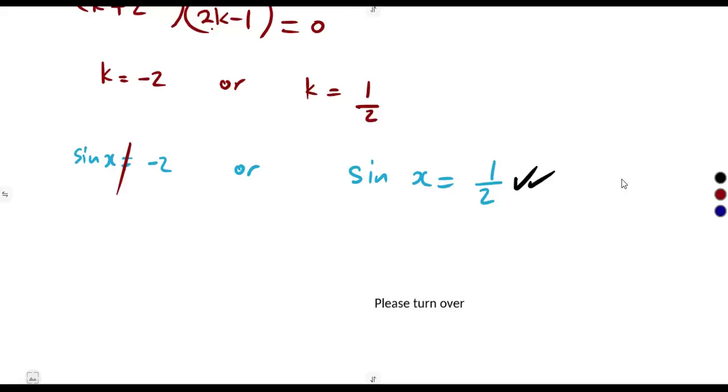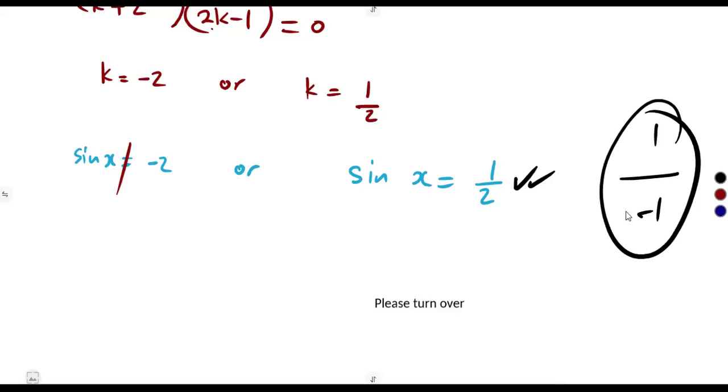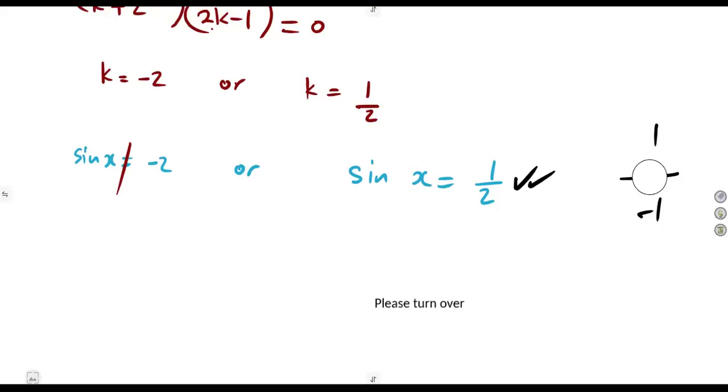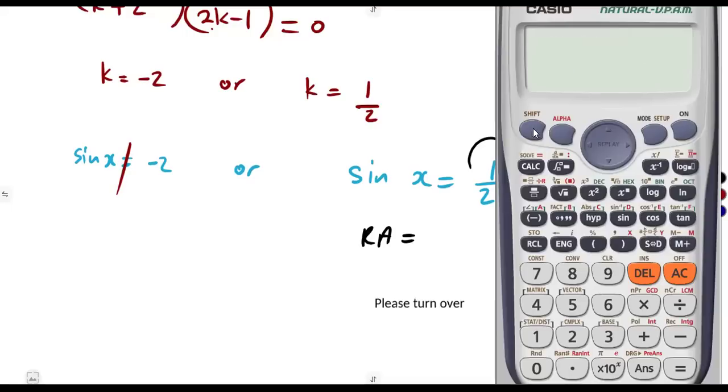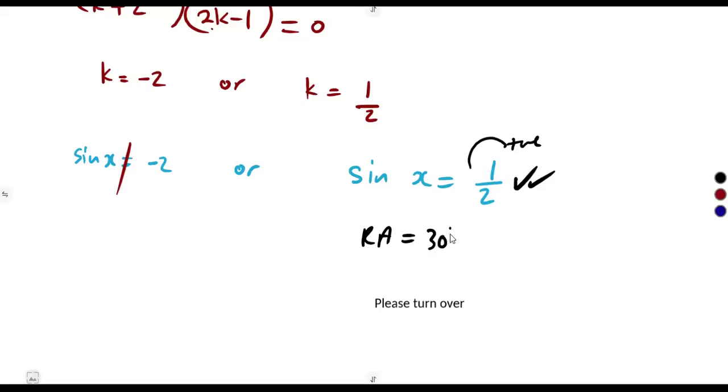Half is in between, guys, minus 1 to 1. It is within the range, so we have to find the reference angle and so on. As you can see, guys, our sine here is a positive value. So let's determine our reference angle, which is arc sine of 1 over 2. So this is shift sine 1 over 2 like this. That is going to give us what? 30 degrees.